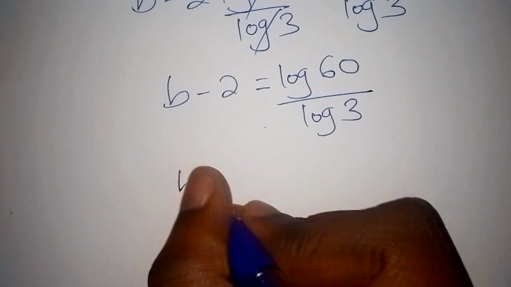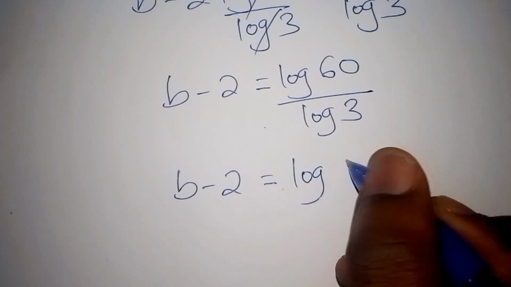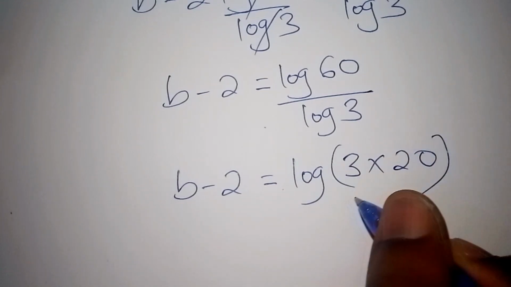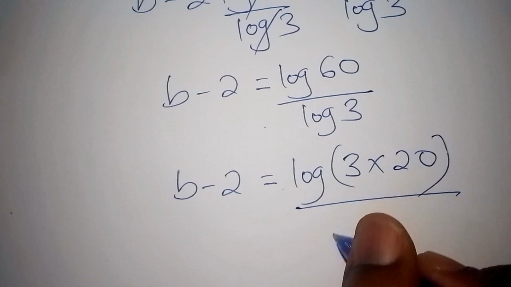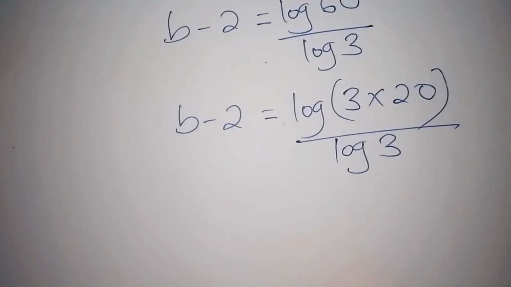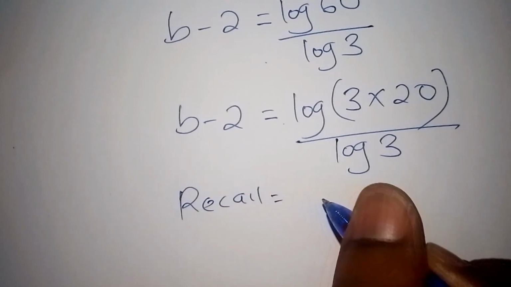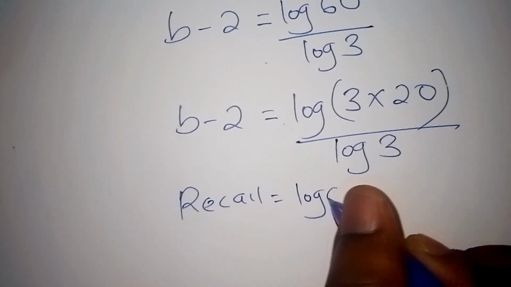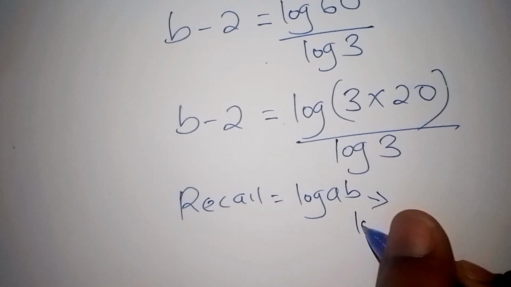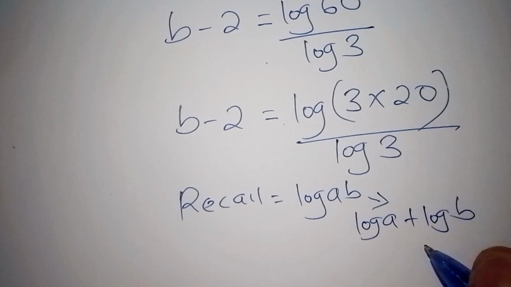Here b minus 2 is equal to the log of 60, which can also be written as 3 multiplied by 20, in brackets, all over the log of 3. Also recall that suppose we have the log of ab, we can write this as the log of a plus the log of b.